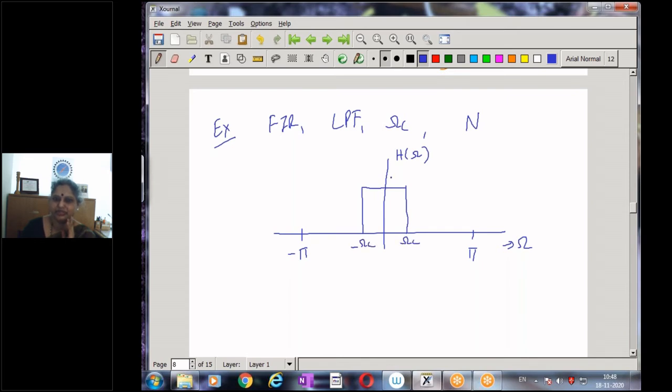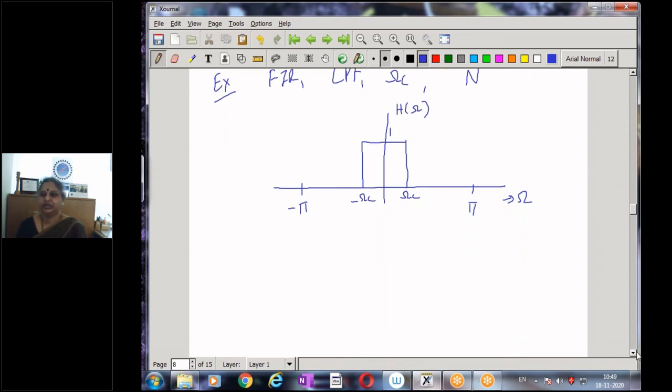This is just translating the specifications into a plot, and since it's periodic I am plotting it only for one period, from minus pi to plus pi, H of omega, and by even symmetry in the response we know that it's going to be minus omega c to plus omega c. So now let's try to design the filter that meets these specifications.